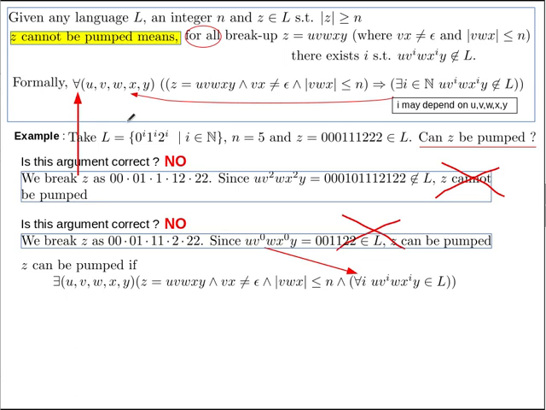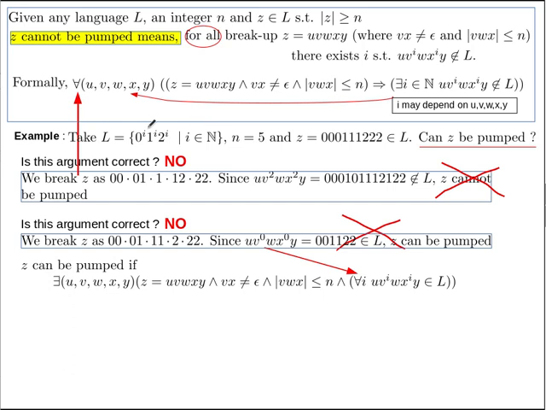So just to give you an example, and just to show you the cases where people normally make some wrong argument.